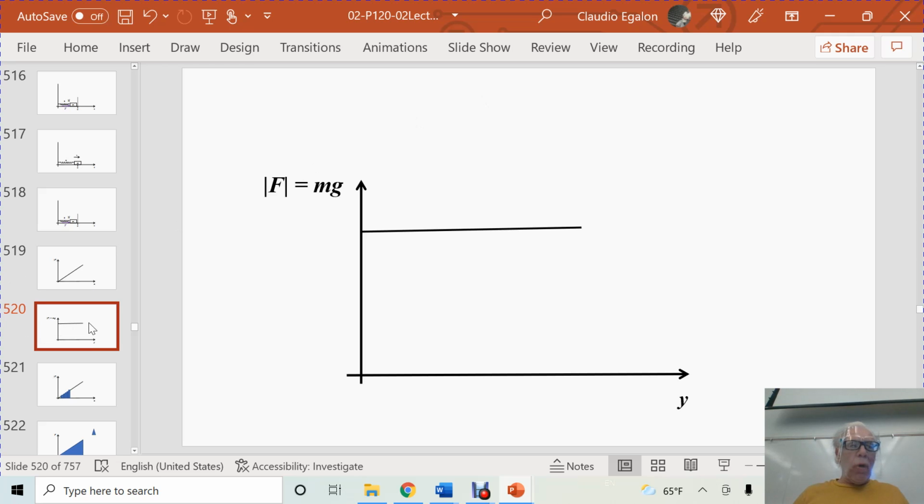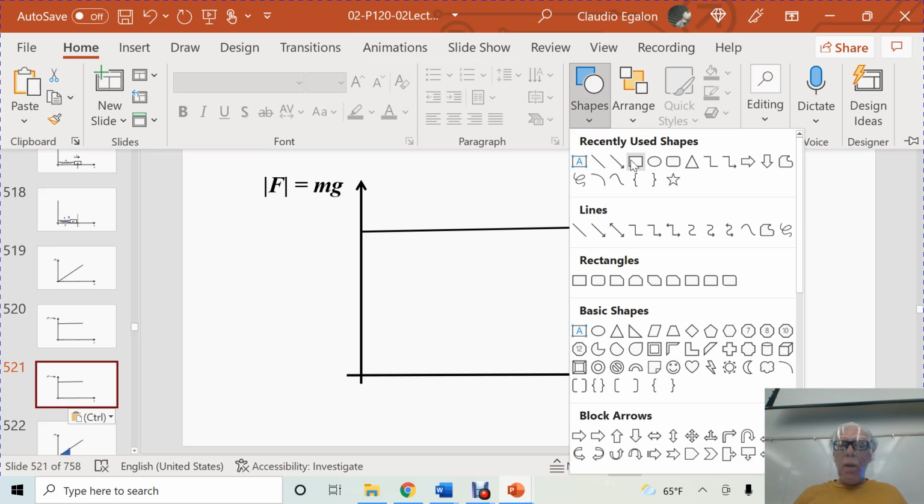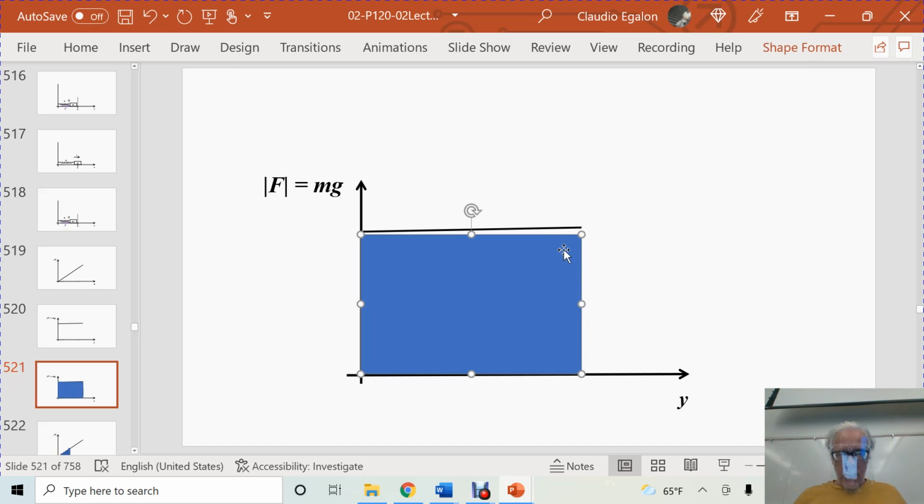And the work done by the mg, just like before, is going to be the area under this curve. That's another way of looking at it. It's no different from the formula that we did for a constant force.